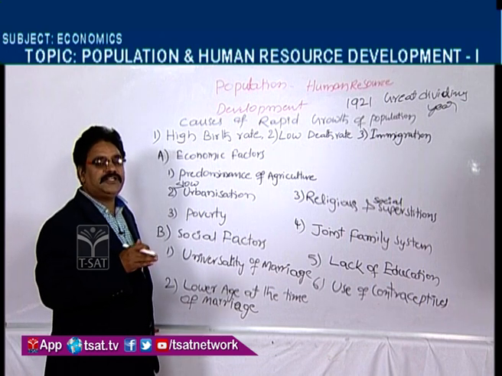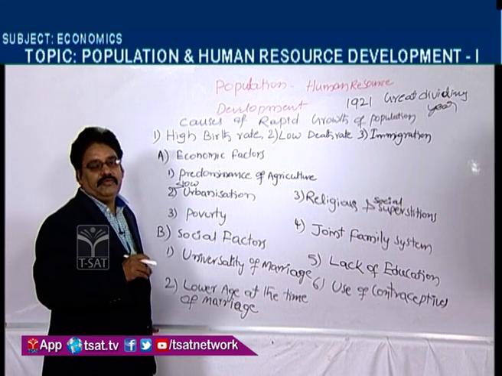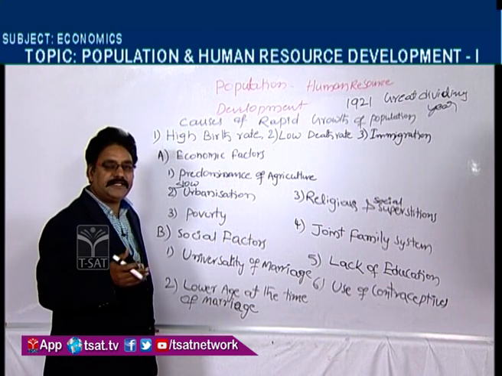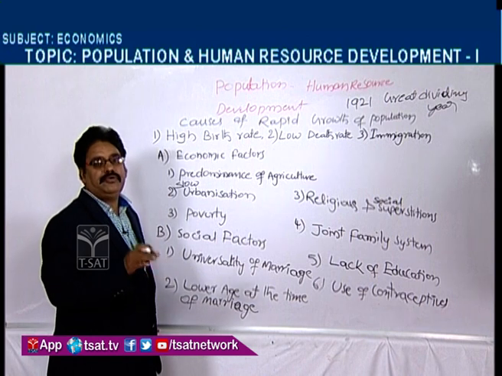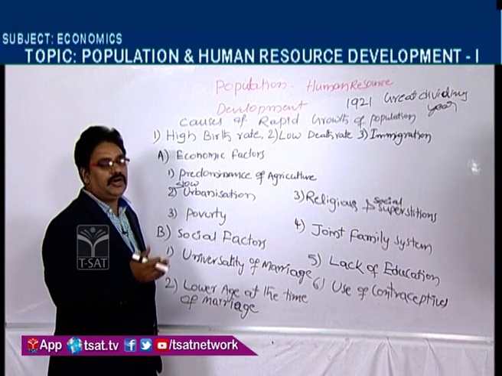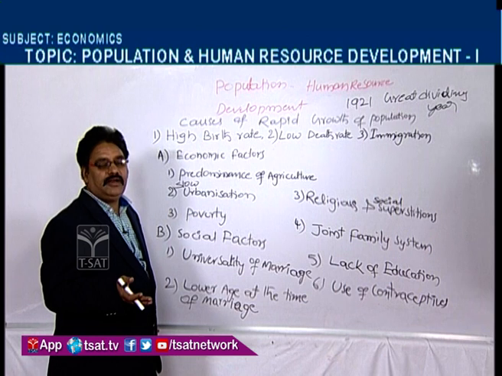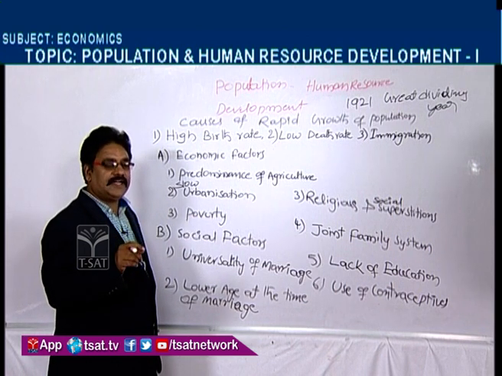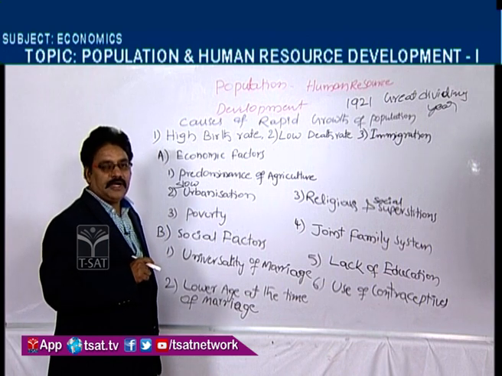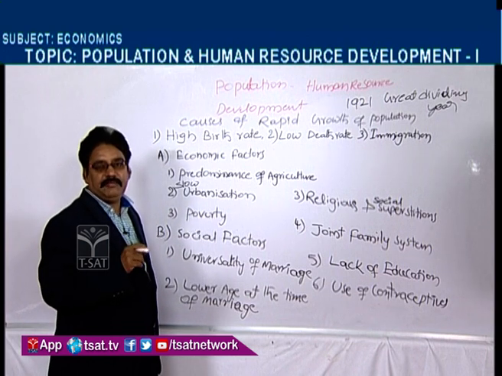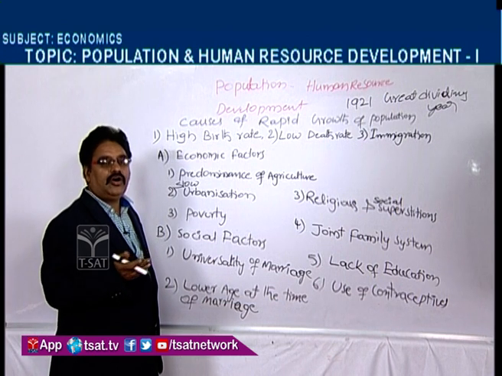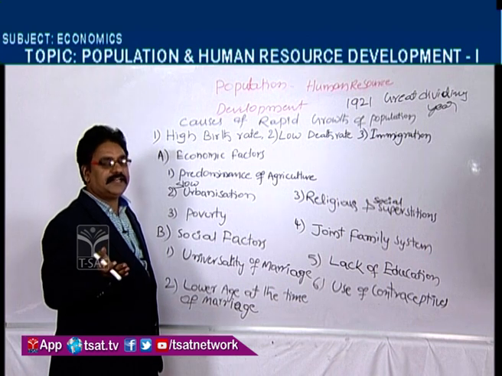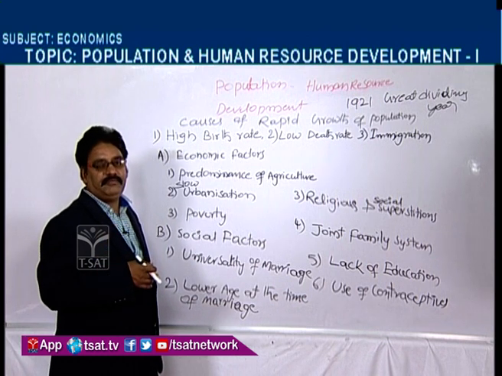When people migrate from rural to urban, if urbanization is increasing rapidly, people used to migrate from rural to urban. After moving to the urban area, working in the industrial sector, the people can understand the problem of raising children, and at the same time providing amenities to the children. Then automatically the birth rate will be controlled. If urbanization increases rapidly, automatically the birth rate will be controlled.